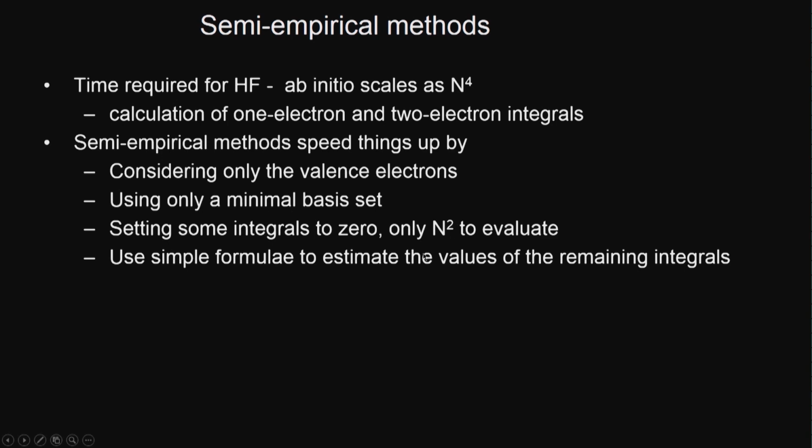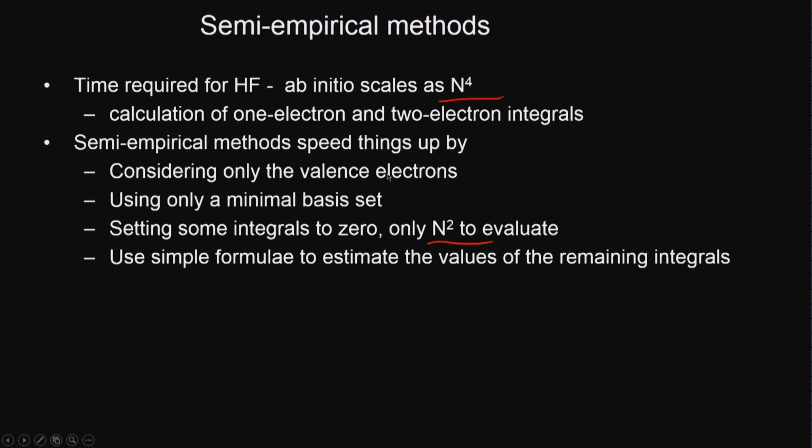So it becomes n squared to evaluate. It also uses simple formulae to estimate the values of the remaining integrals. That is why it is called semi-empirical: there are certain empirical relations which help you estimate the remaining integrals.